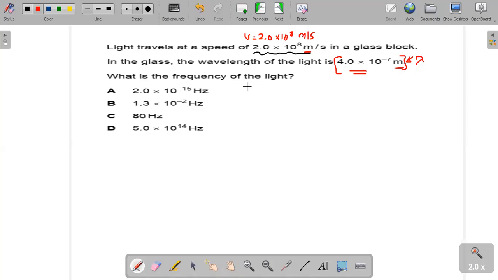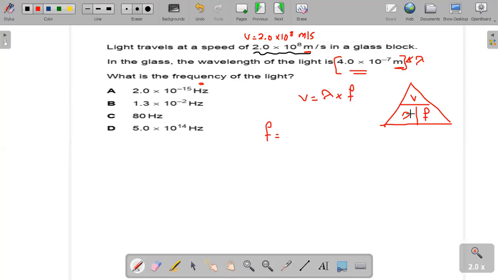So he's asking me about the frequency. We know that V equals lambda times F. This is a frequently asked question, guys. Lambda and F are beside each other, and we put the subject on top in this question. So we want to find the frequency.